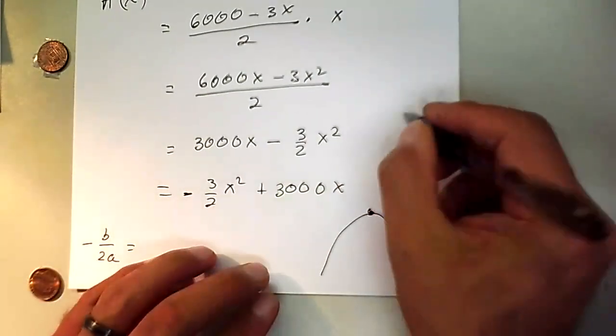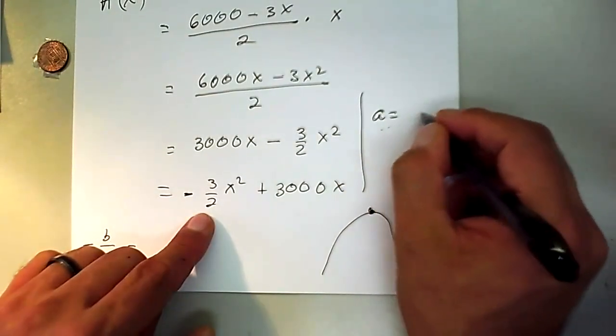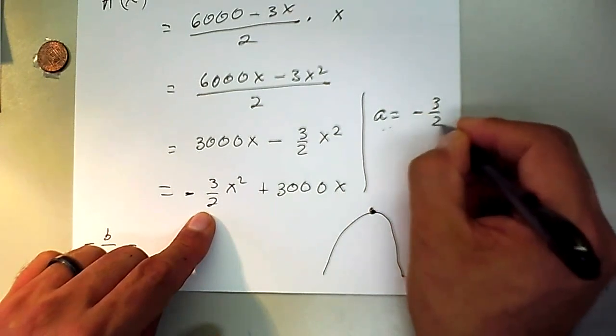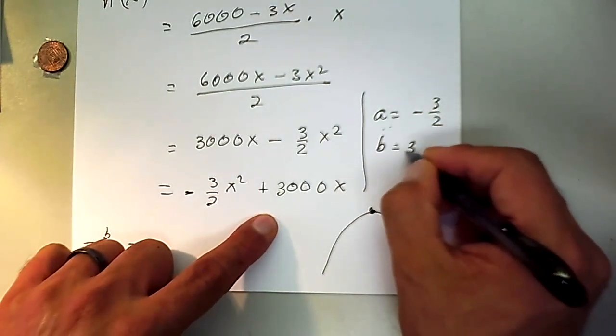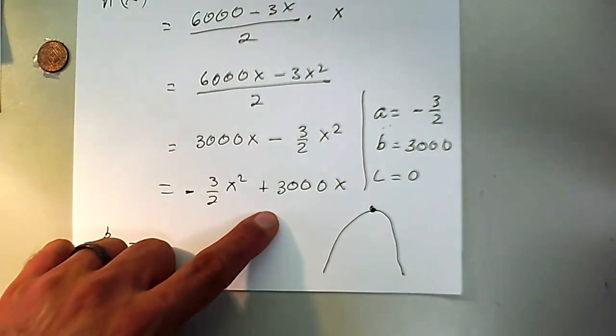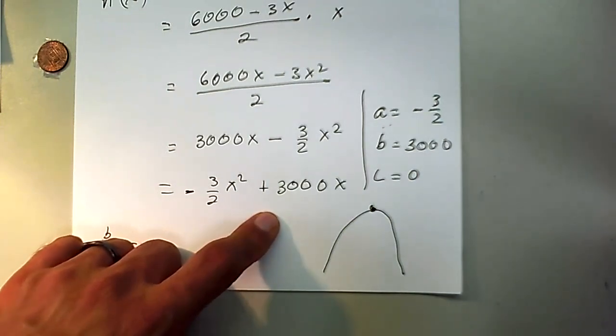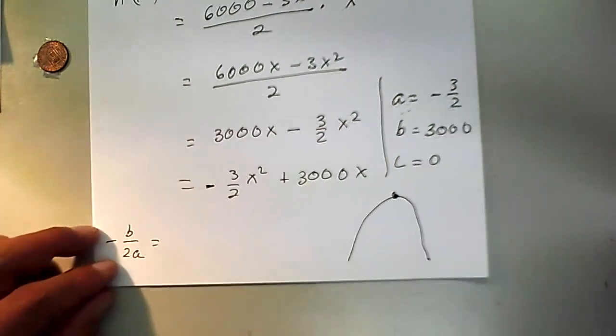Let me write here on the side what a and b are. A is negative 3/2. B is 3,000. And c is equal to 0. Even though we're not going to use c, it's not a bad idea to still write it down.